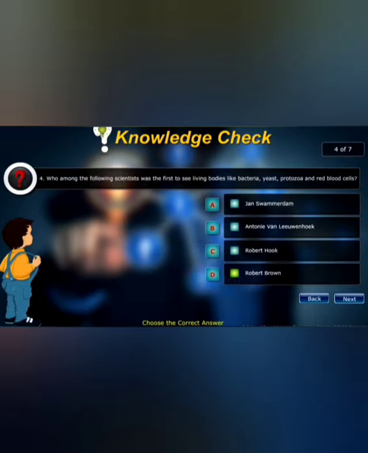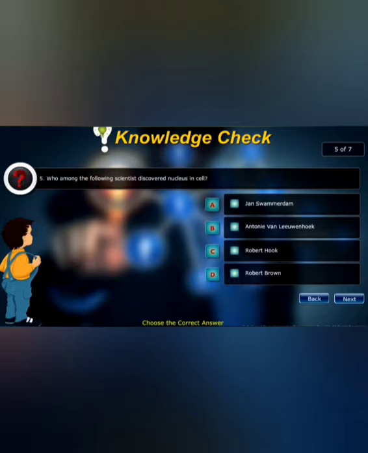Option A. Jan Swammerdam. Option B. Antony van Leeuwenhoek. Option C. Robert Hooke. Option D. Robert Brown.